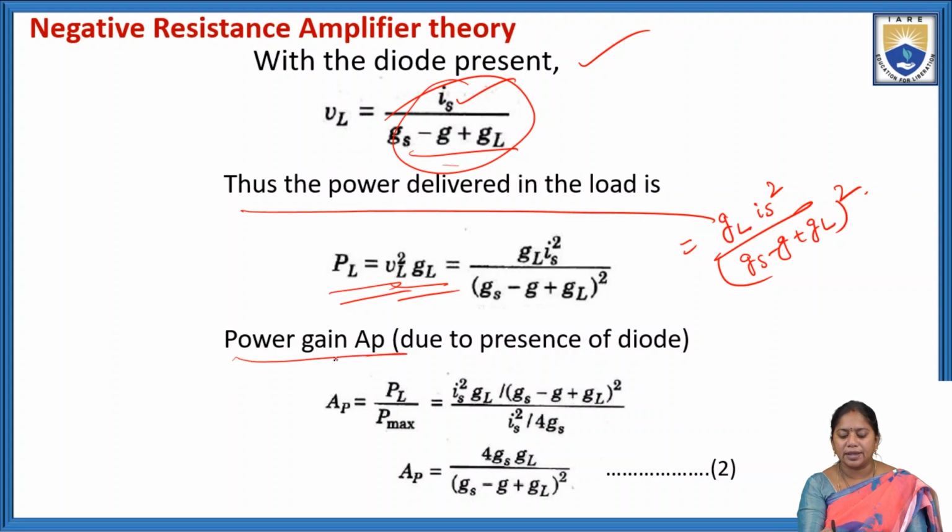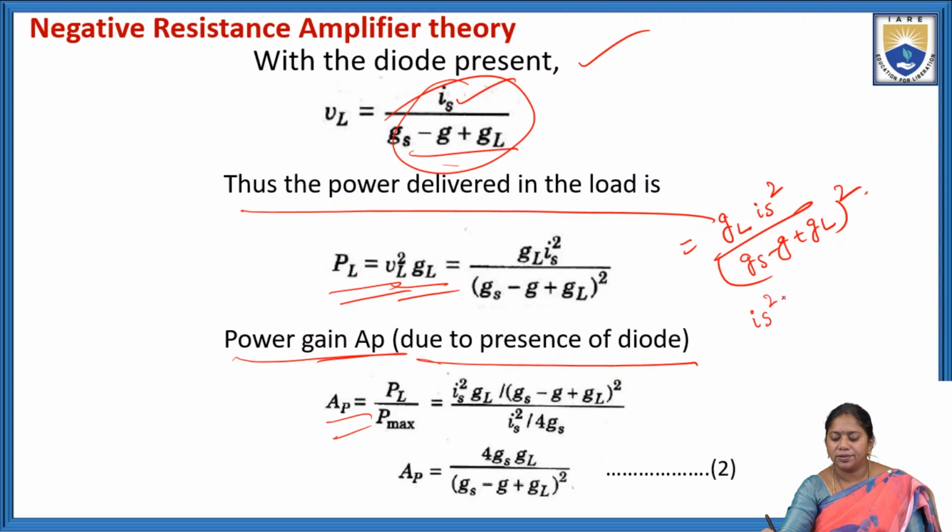Due to the presence of the diode, the power gain AP equals PL divided by P maximum. PL is IS square into GL divided by GS minus G plus GL whole square, and P maximum is IS square by 4GS.